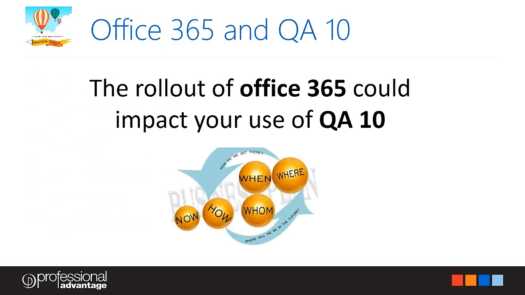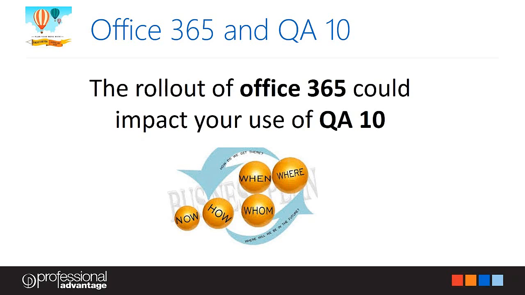Most organisations have either already moved or are planning to move into an Office 365 environment. We know the rollout of Office 365 can affect our ability to use Q&A 10, but how does this affect you as an organisation, or as a user of the reporting suite, or a consumer of the reports? We are going to explore Office 365 options and what you need to consider and what you may want or need to do.